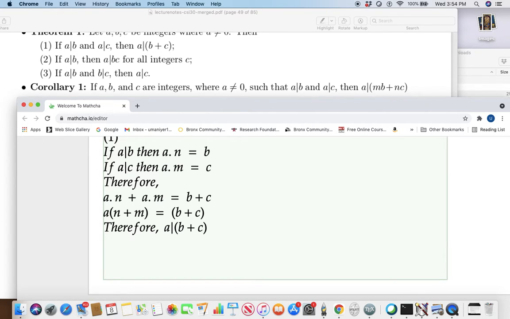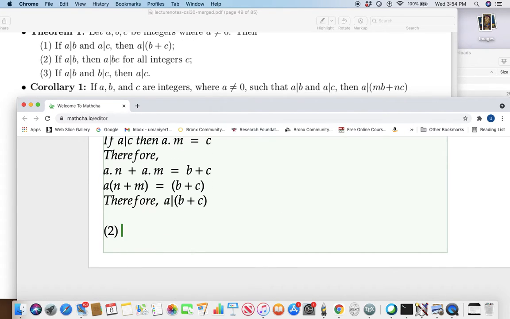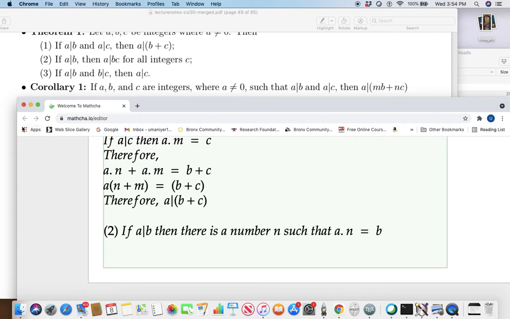In the same way, the second one is quite similar, in fact straightforward. If A divides B, then there is a number n such that A times n equals B. Well, what are they saying?